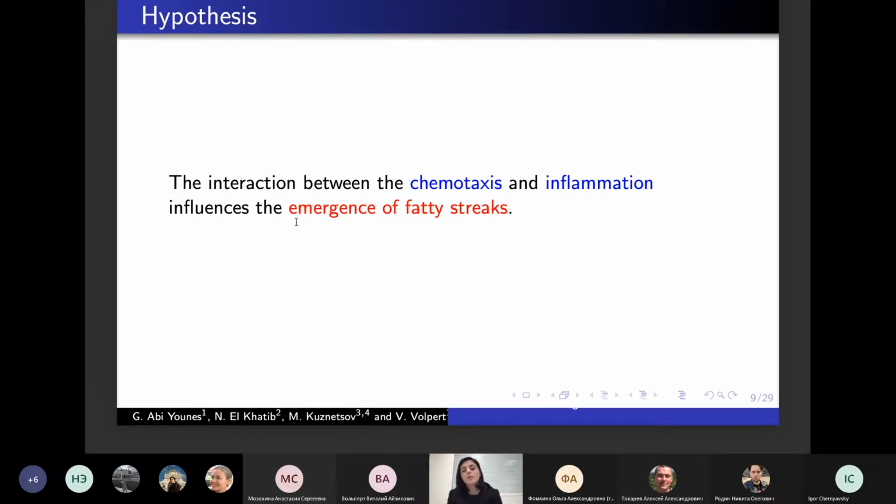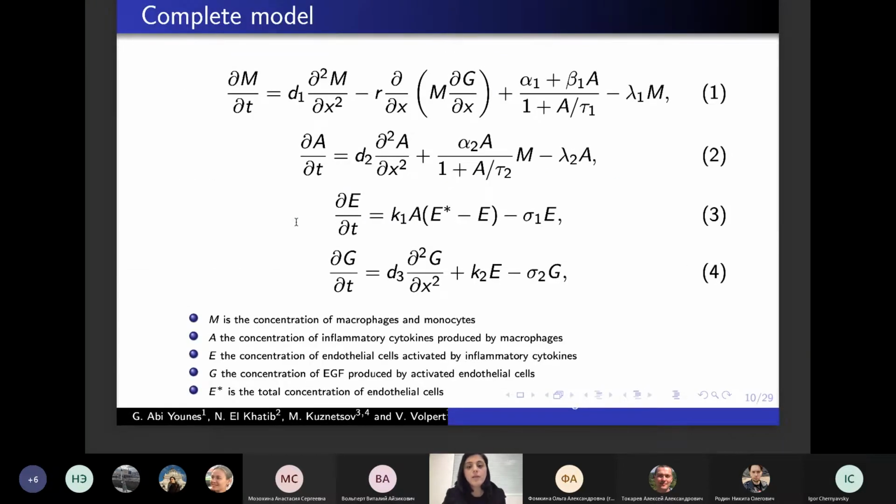So we make the following hypothesis. Does this interaction between chemotaxis and inflammation influence the emergence of fatty streaks? We are going to answer this question by the following mathematical model.